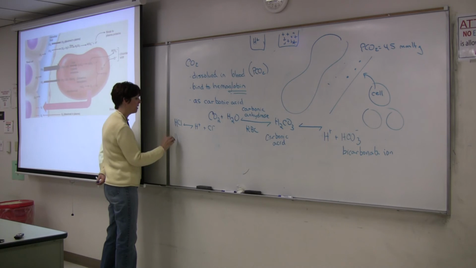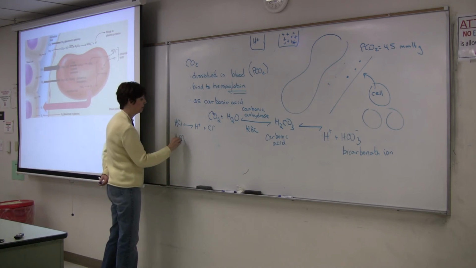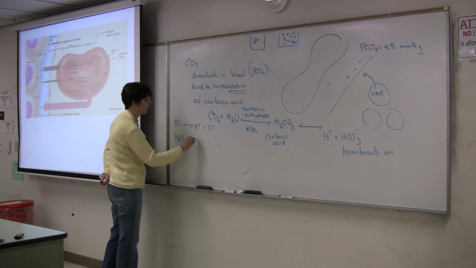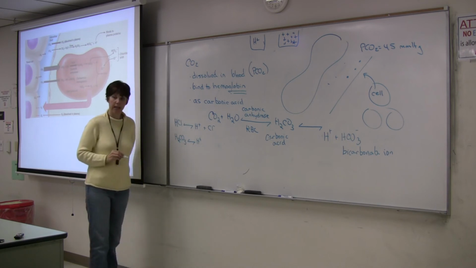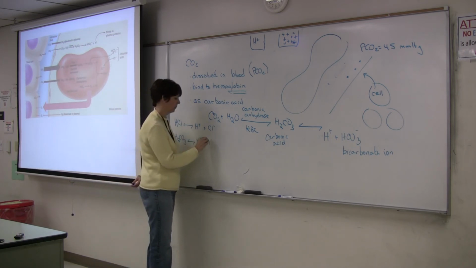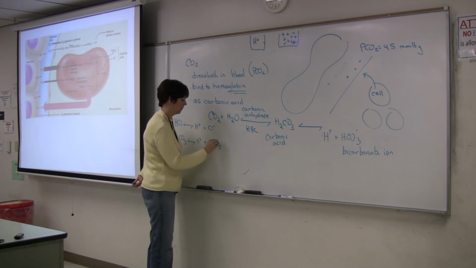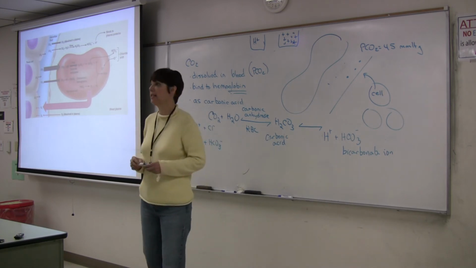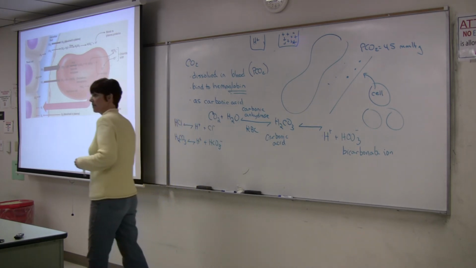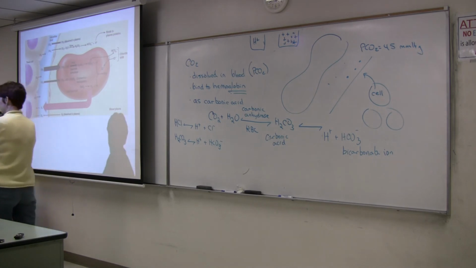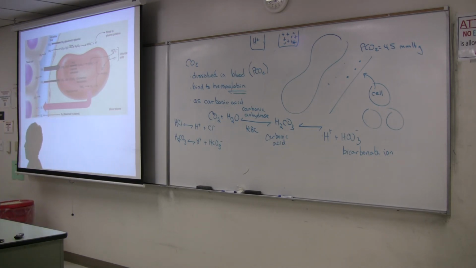When carbonic acid dissociates, it also releases 1 hydrogen ion. Hydrochloric acid is considered to be a strong acid. Carbonic acid is considered to be a weak acid. But each of them releases a single hydrogen ion.